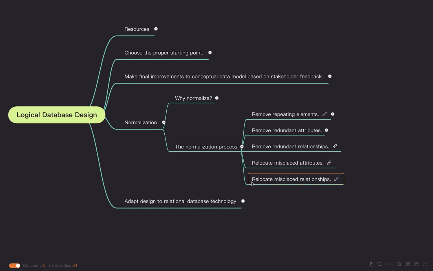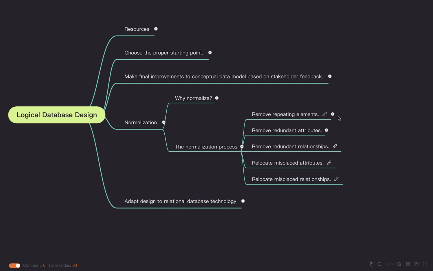So let's talk about what we are going to do for the normalization process. Well, I'm going to tell you that it's really the steps that I have listed here. Remove repeating elements. It's going to turn out that I call that doing things the relational way. Turns out that relational databases don't have repeating elements.